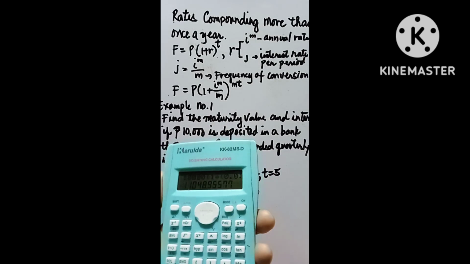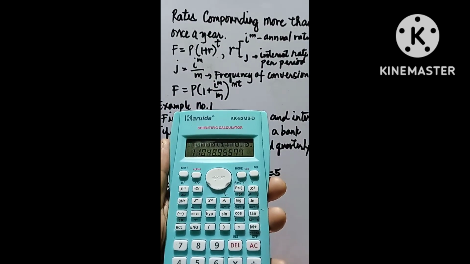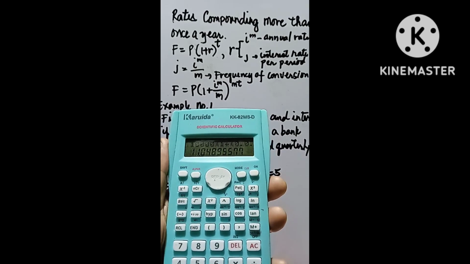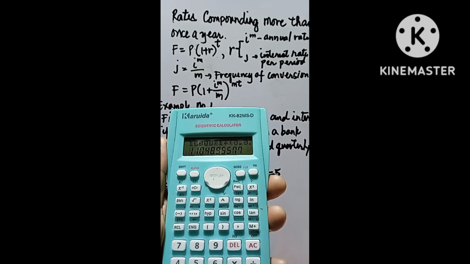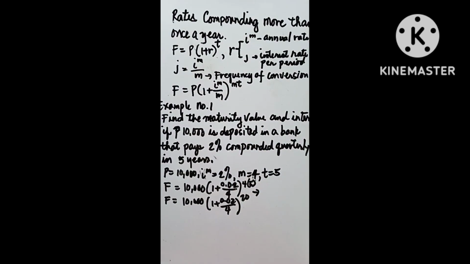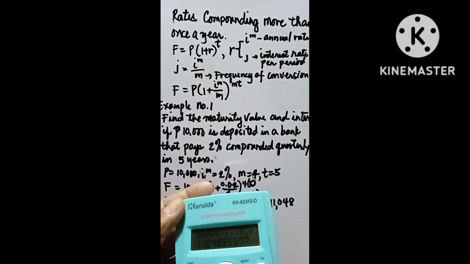So we have 11,048.955. So F is equal to 11,048.955.